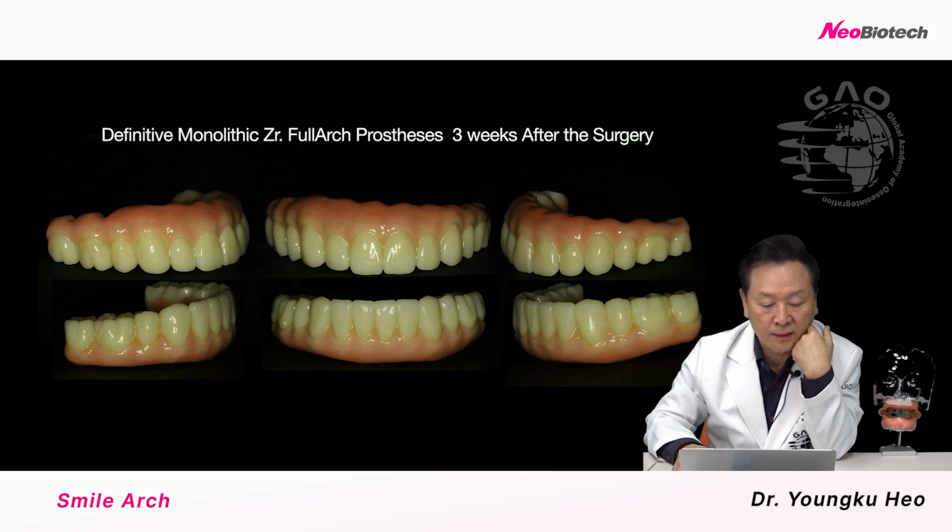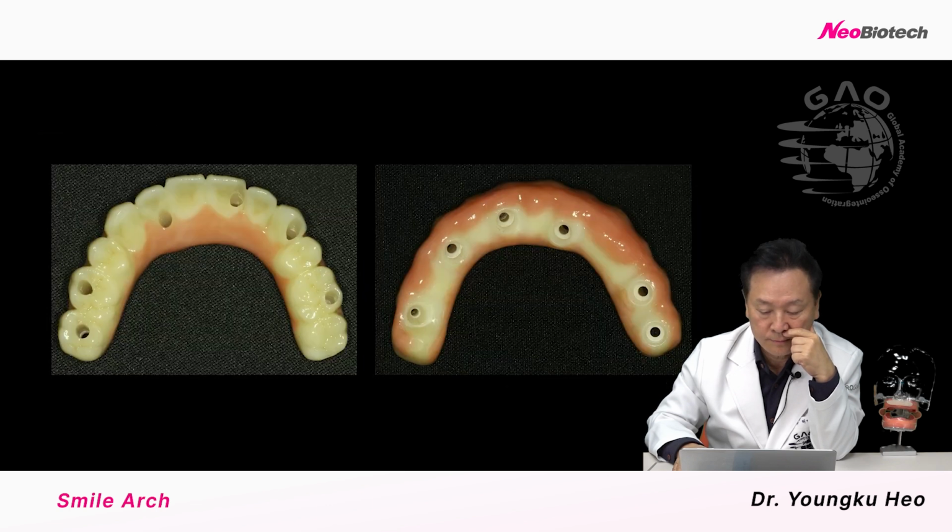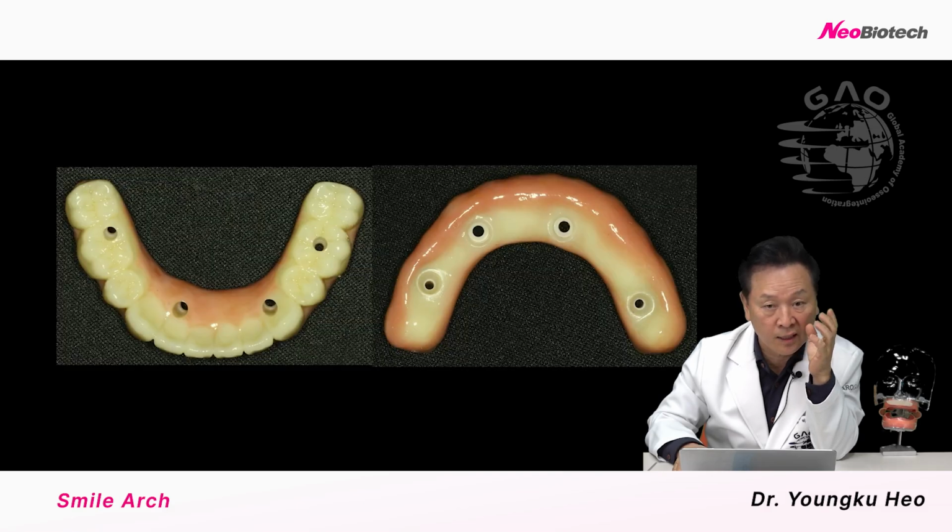I like to make a monolithic zirconia full arch prosthesis, but there are many ways. Bar attached full arch. Well, this is actually monolithic. It should be a very, very accurate fit. Otherwise, this bridge can break.